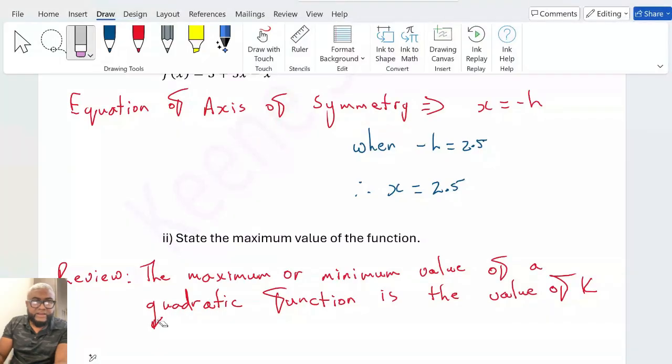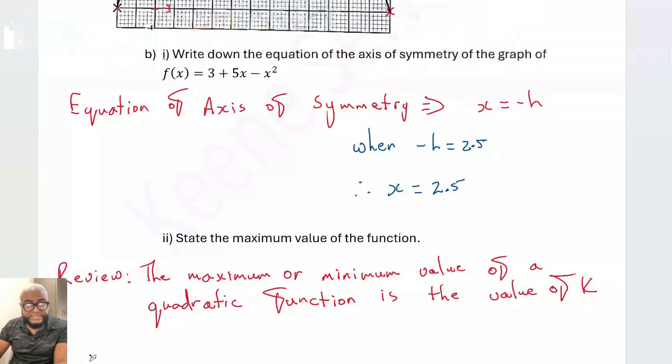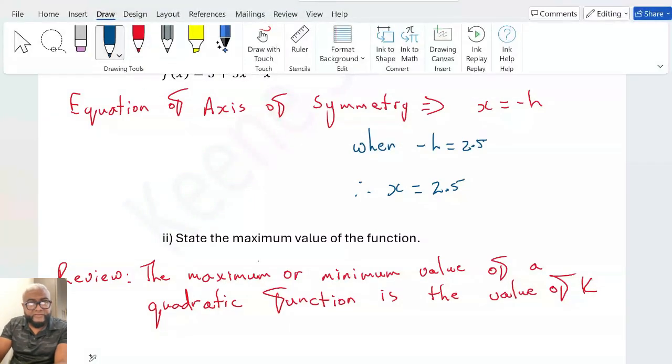So the value of k would be the maximum or minimum value. So we go into this curve we have up here. We want to write the value of k, right?